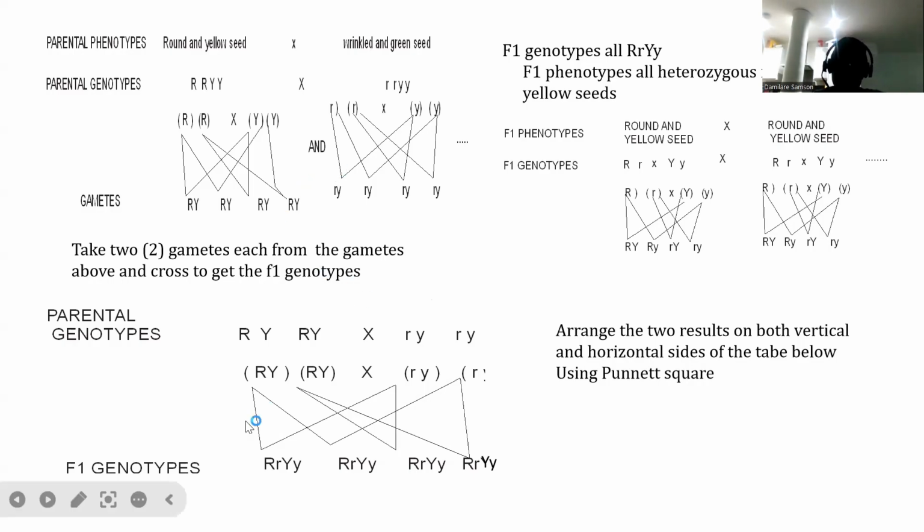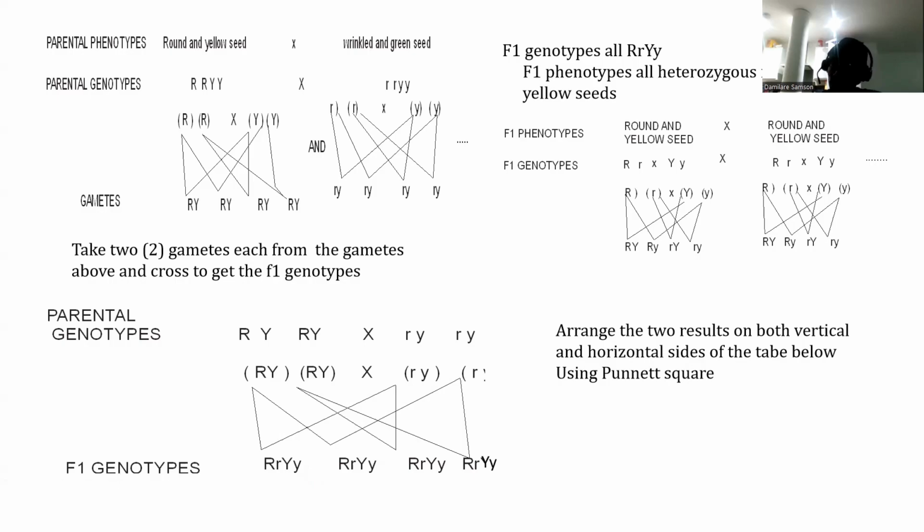So for the F1 generation now, for the F1 genotype, you have capital R, capital Y going towards small r, small y. Then you have capital R, capital Y, small r, small y. The same thing for the second one, the third one, and the fourth one.